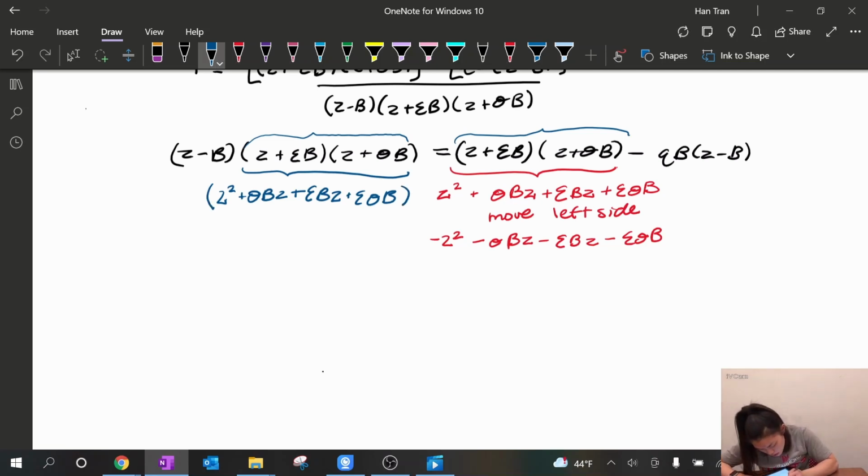So we're going to do this group multiplied by the group we have remaining on the left side, which is compressibility factor minus beta. Distributing that out, we're going to get compressibility factor cubed plus sigma times beta times compressibility factor squared plus epsilon times beta times compressibility factor squared plus epsilon times sigma times beta times compressibility factor.